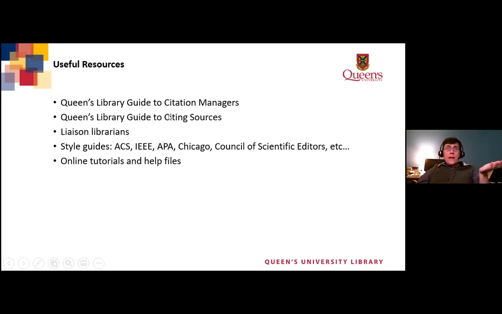We also have a very excellent guide to citing sources, which will link you to all kinds of style guides and websites that explain APA, ACS, IEEE, and all the different styles you might encounter. It's also always handy to have a style guide on hand to consult from time to time.